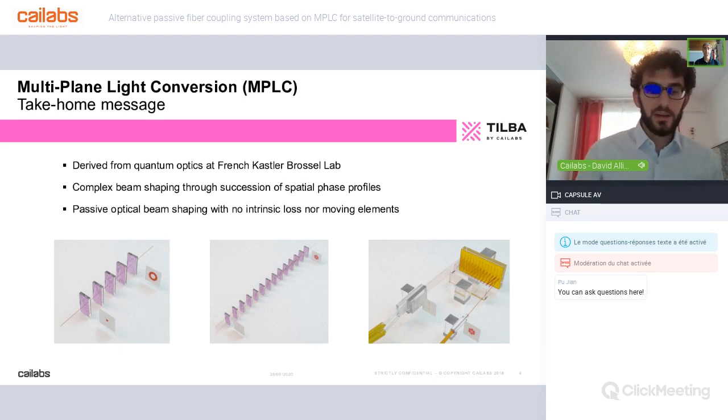Thanks to this succession, we're able to perform any unitary transform, so any transformation of the shape of the light. For example, in the image on the left, you can see at the input a Gaussian beam that is transformed into a donut shape thanks to a succession of faceplates.